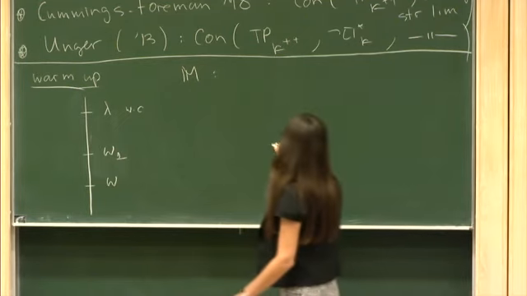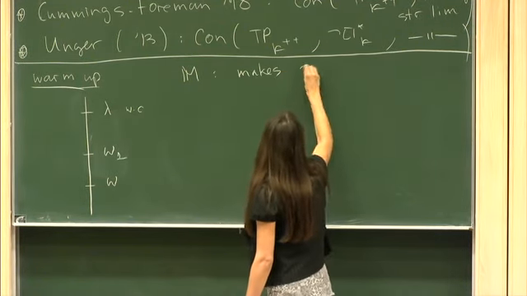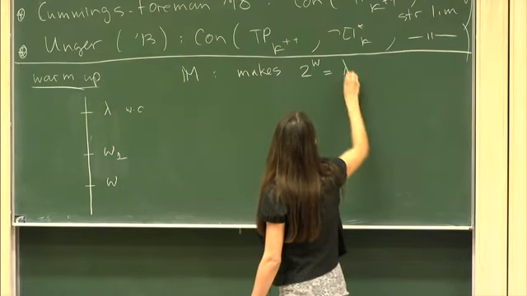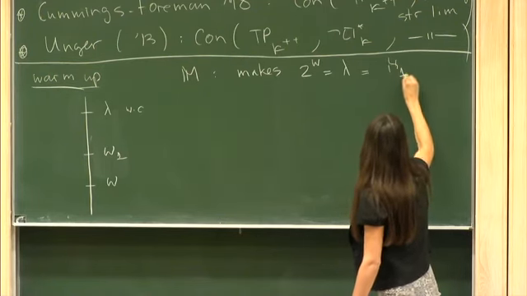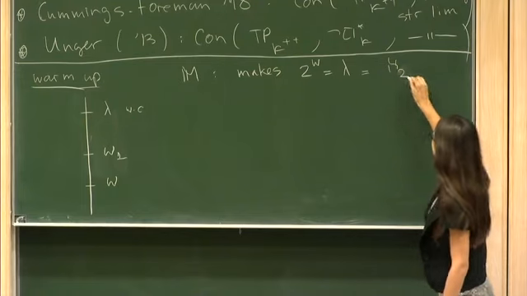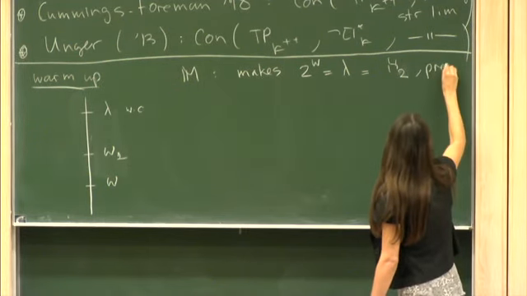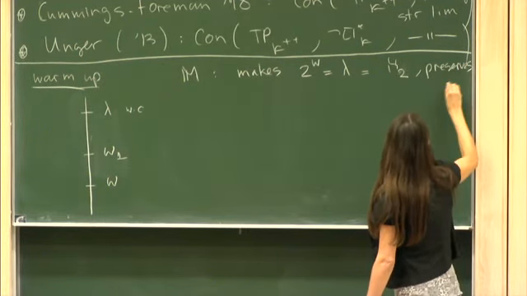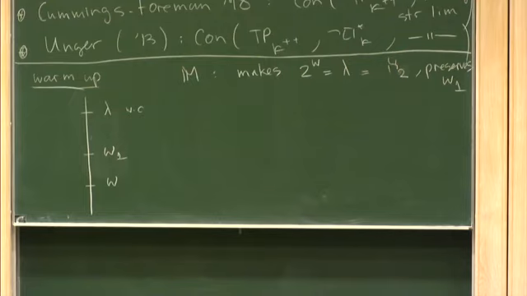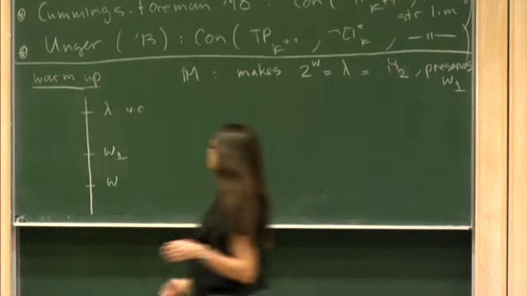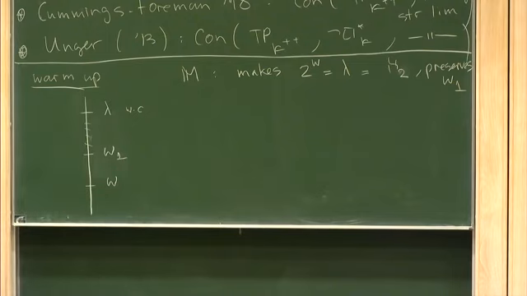It makes 2 to the omega equal lambda, and also makes lambda equal omega 2, while preserving omega 1. So the idea is to blow up the power set of omega while simultaneously collapsing all the cardinals in between to omega 1.